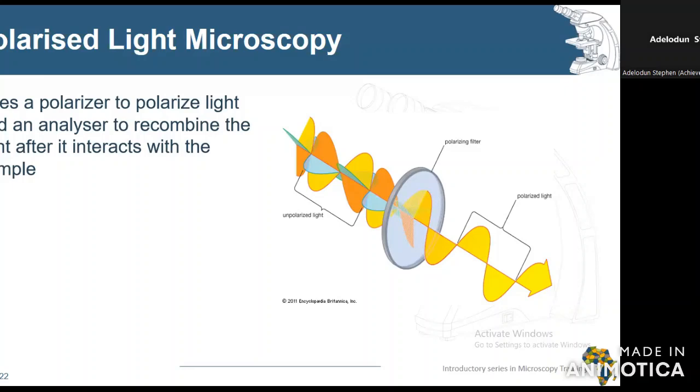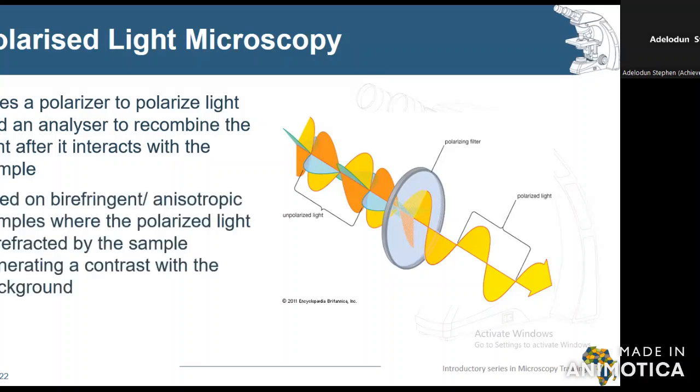So we only allow the oscillating light that is moving in a particular direction or in a particular plane to pass through, and any light which travels in a plane that does not conform to the plane of the filter will definitely be blocked out.